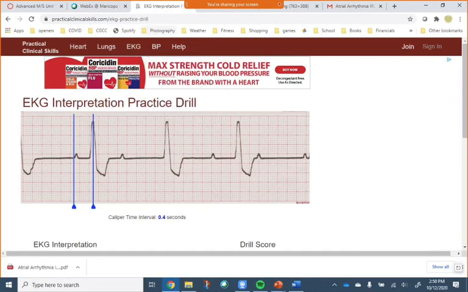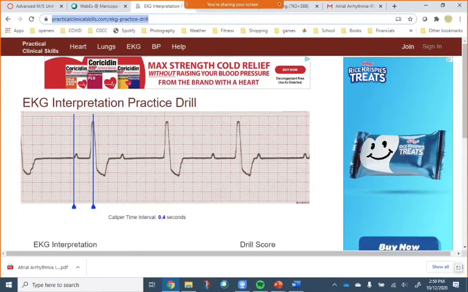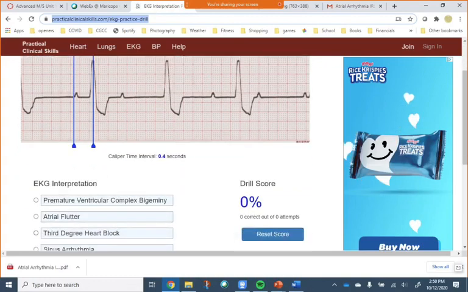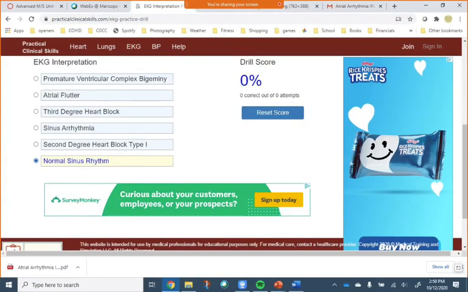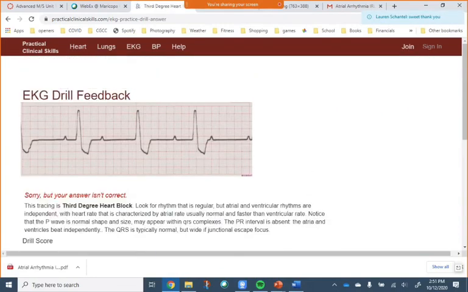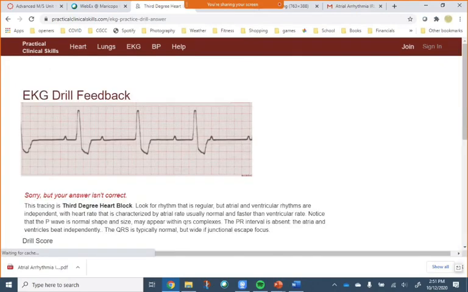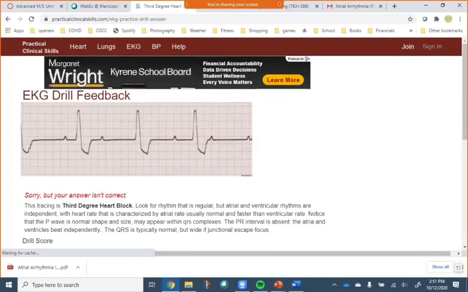So I will put this link and the ACLS pretest in your modules so you can practice with these. You can go ahead and figure out what you want to call it. Check your answer, and that's not normal sinus rhythm, that's wrong. But it'll tell you what you've got. So anyway, I like those. Practice those, and have fun.